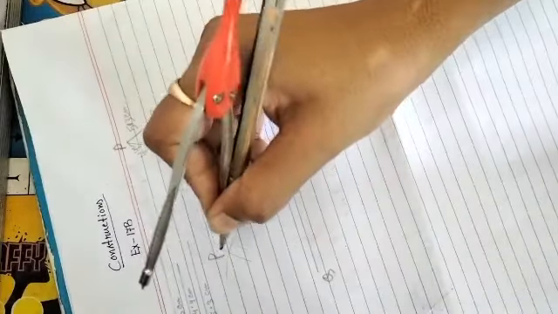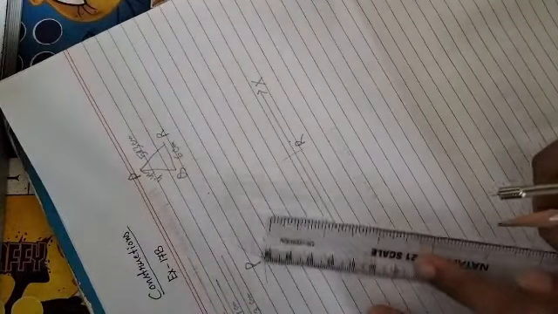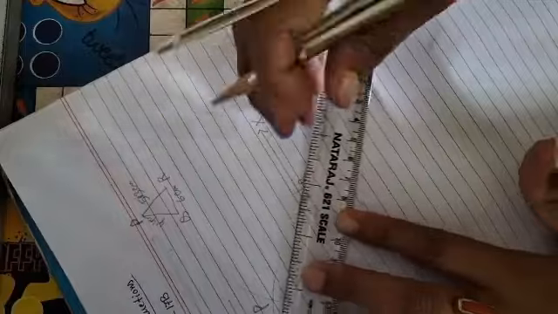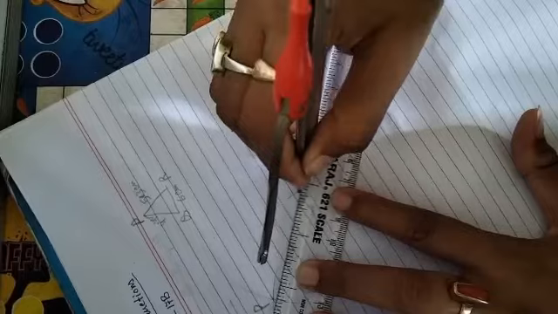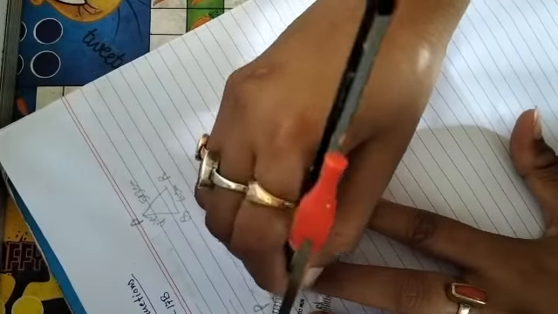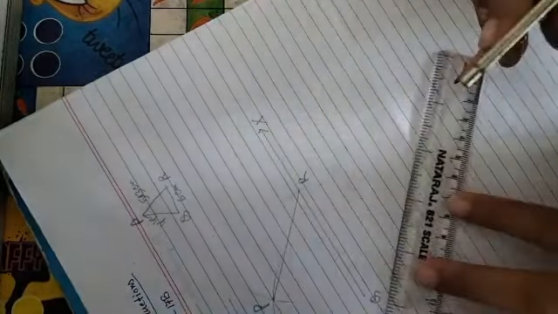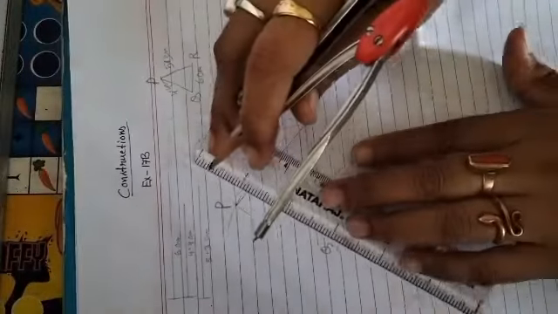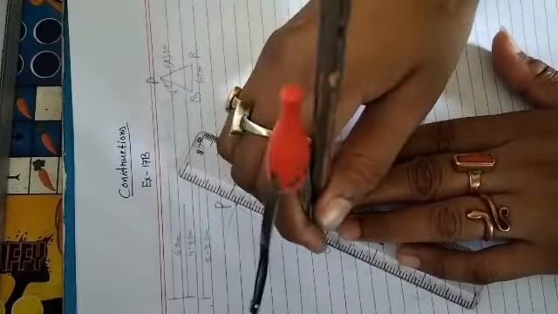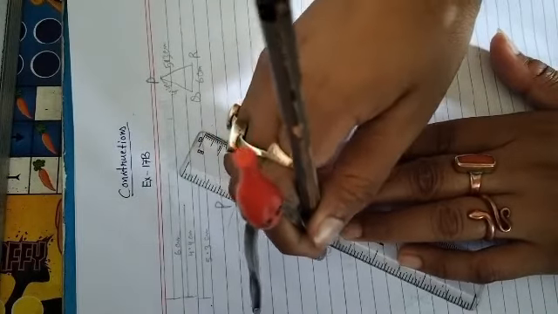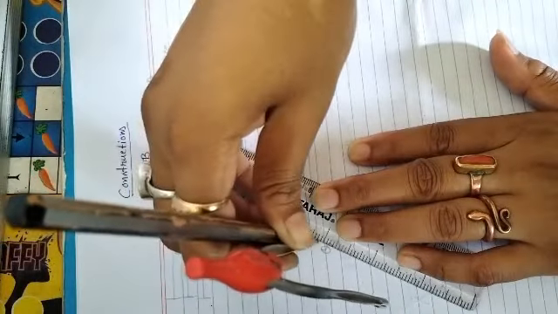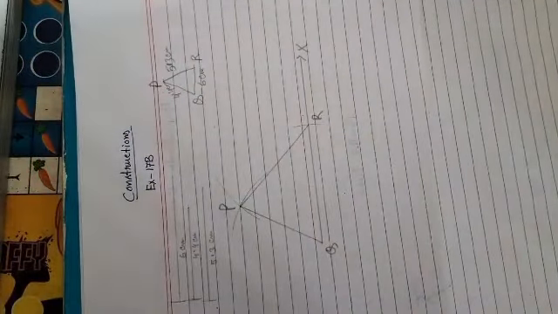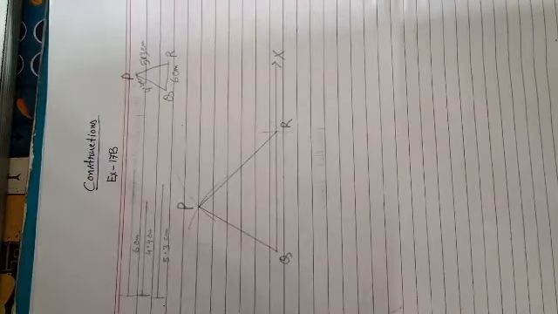This point is P. Now this can be joined. Now this is PQR.